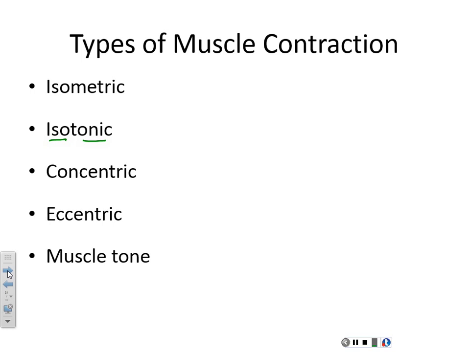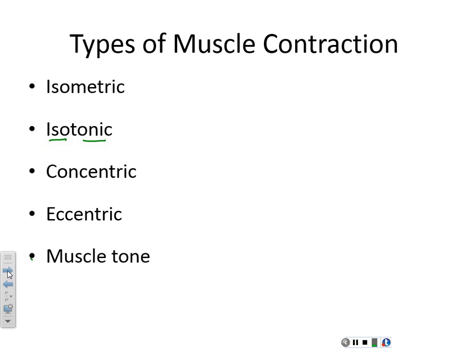And then when you let the weight down, still the same 5-pound weight, so the same tension, but the muscle is going to lengthen, so that's eccentric. So eccentric and concentric are 2 types of isotonic contractions. Sometimes I ask you to explain these types of muscle contractions, and you get many points for it.